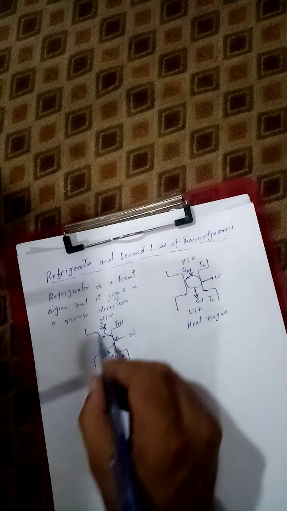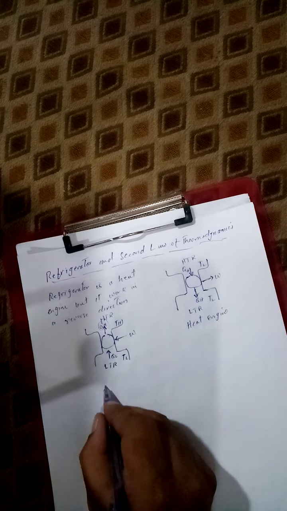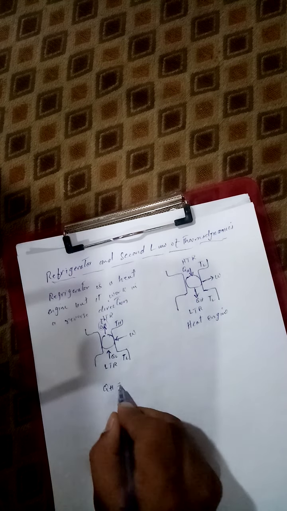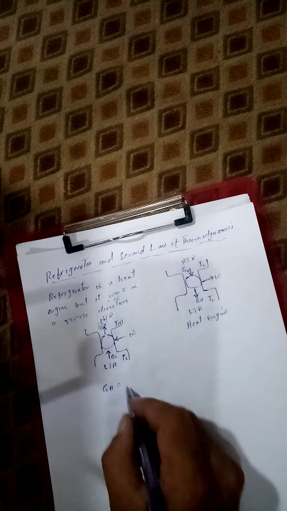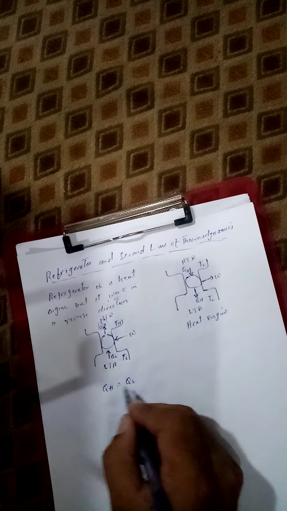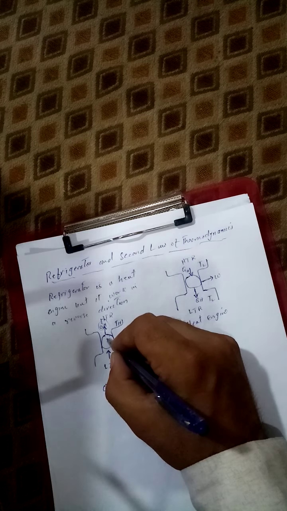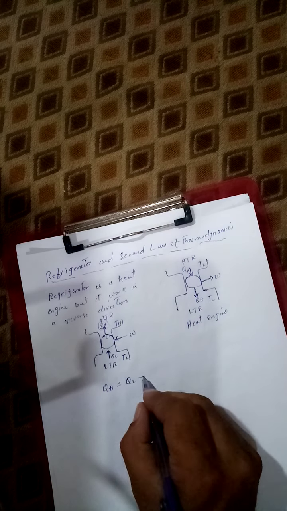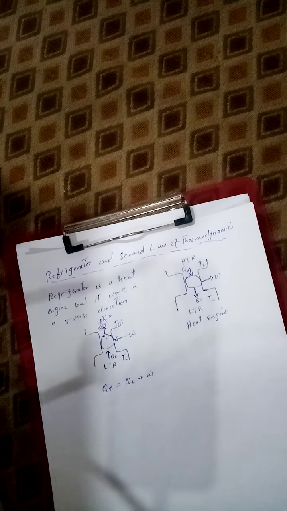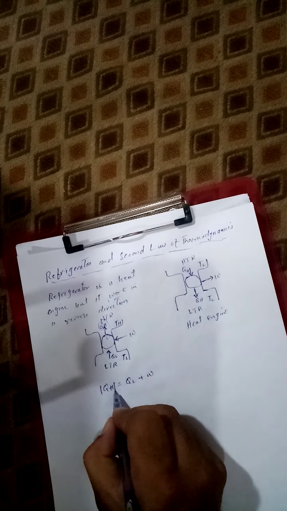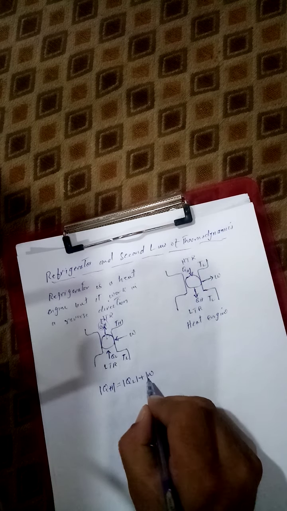Now in this case, this QH comes from two things. First we give heat QL, and this heat is moved to the high temperature reservoir by some external work W, or we can write the absolute value, which is like this.